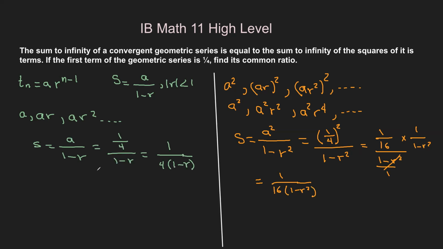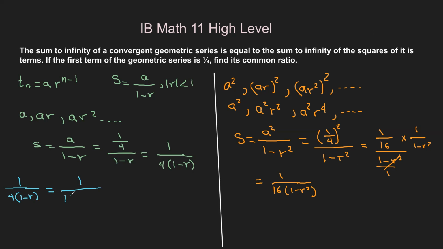Now, since these are equal, I'm going to make them equal and solve. 1 over 4 times 1 minus R equals 1 over 16 times 1 minus R squared. That's what they say in the statement.